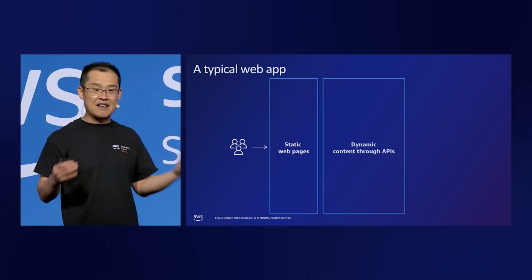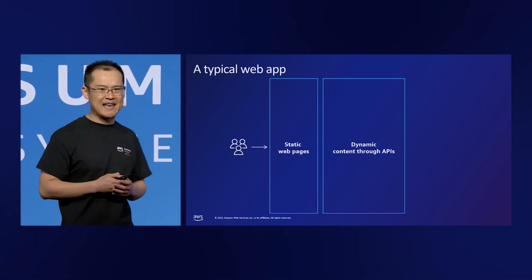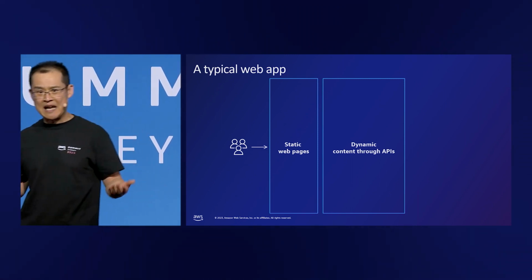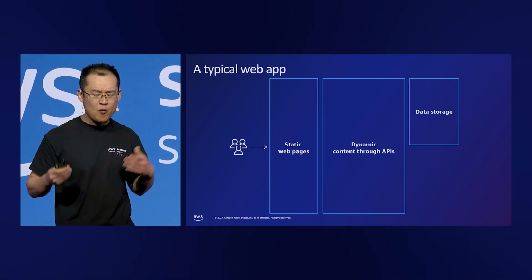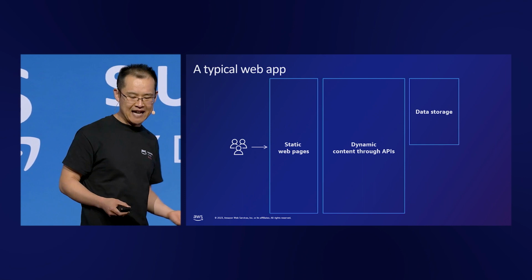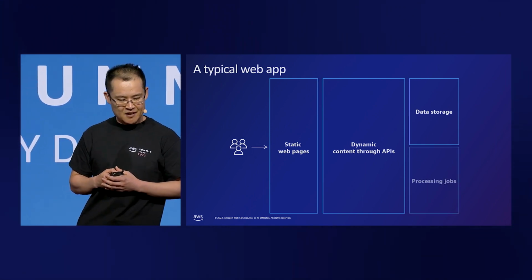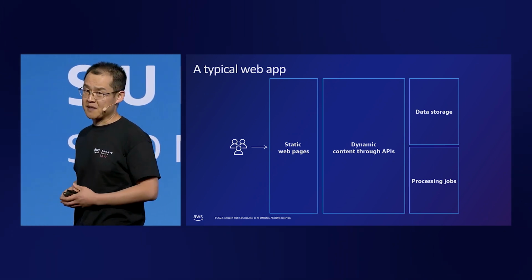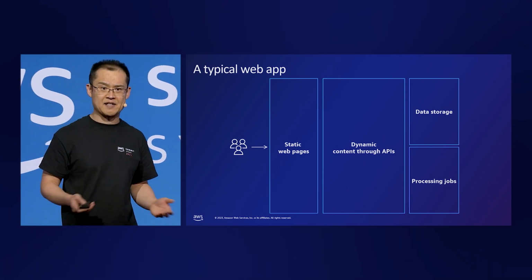As your users navigate through your web application, the application will interact with your application backend, send and pull dynamic content through a set of APIs. You have one or more data storage to save user data and application states. You have some background processing jobs for things like data processing or integration with other internal or external systems.